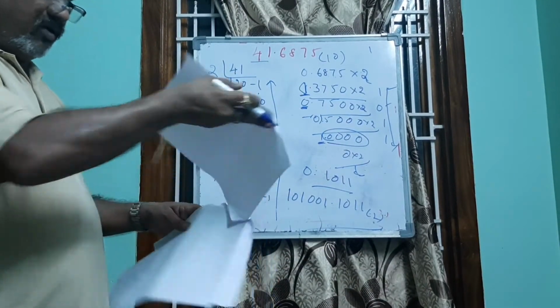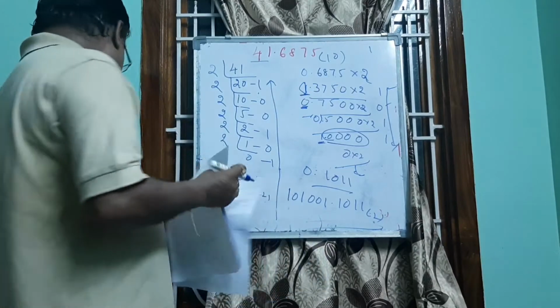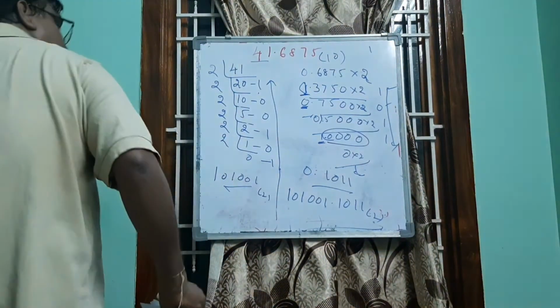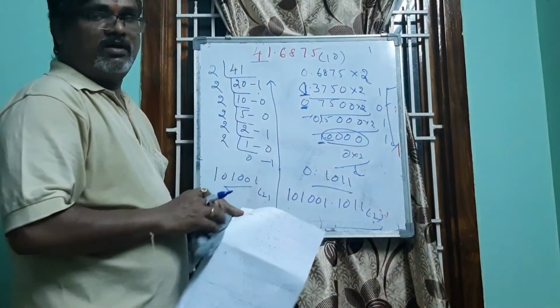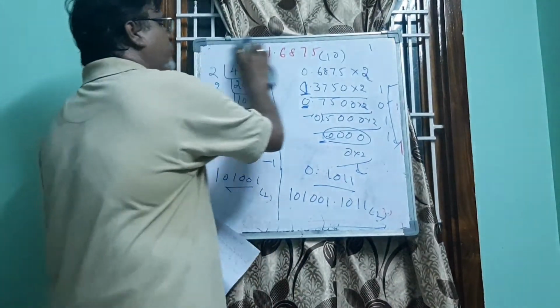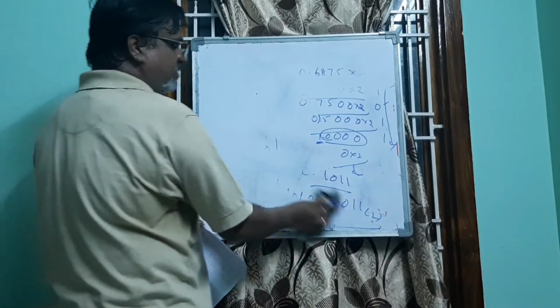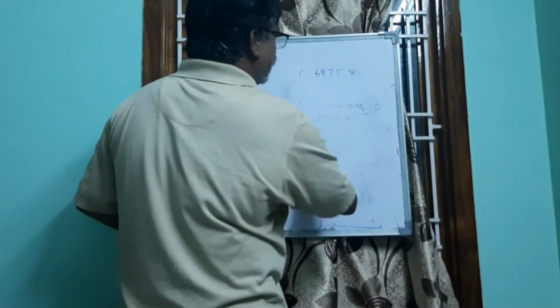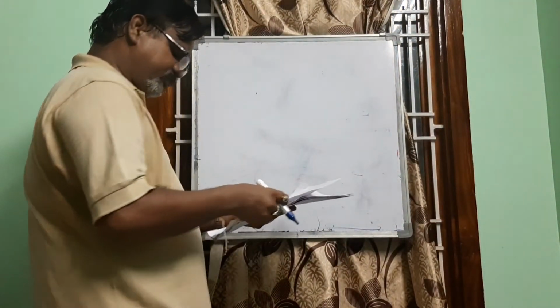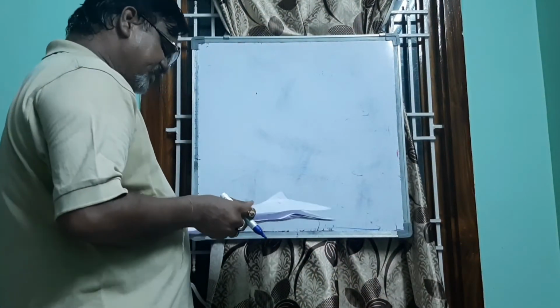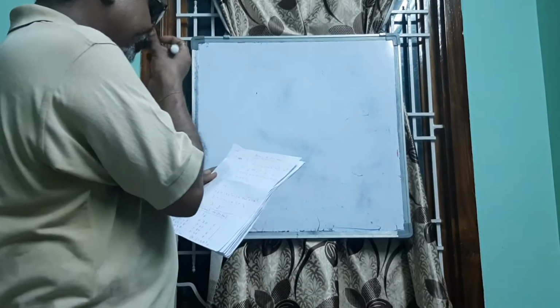I hope you understood well how to convert one base to another base, either an integer number or a fractional number. As a review, we'll take two examples of converting.